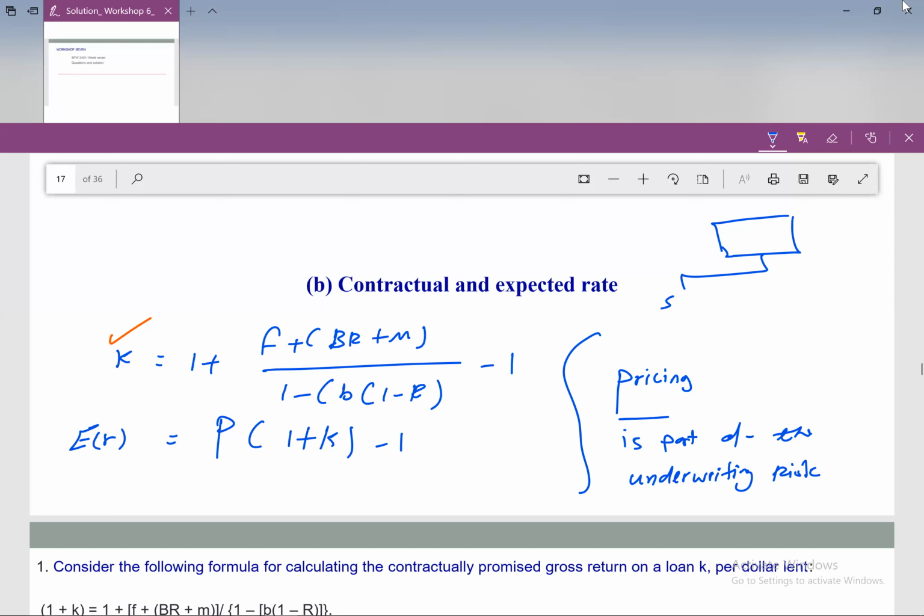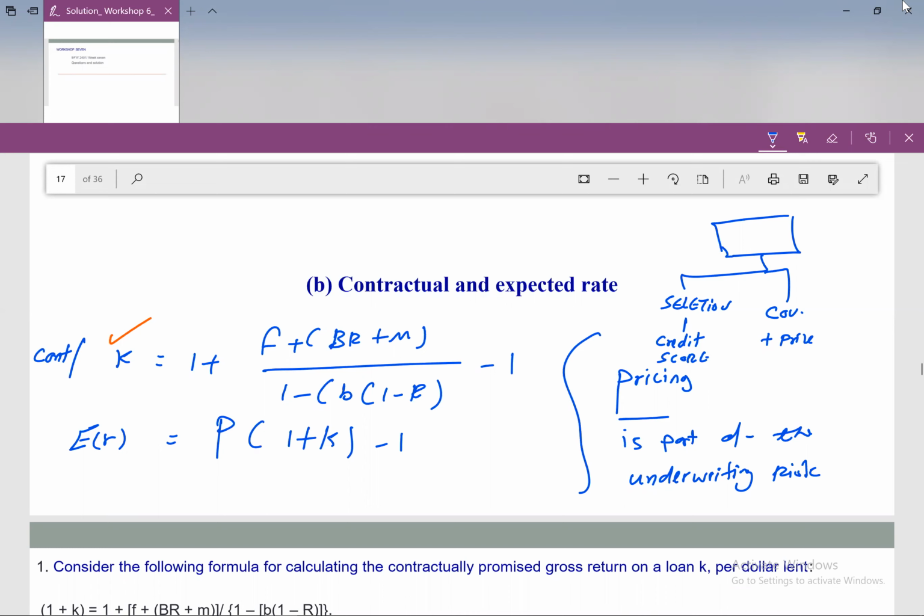We say selection, which is the modeling. Selection means credit scoring to say, oh, this one is eligible or not eligible for the loan. And then if it is eligible, we go and say, okay, let's sign the contract. And we start with the terms and conditions, which is a covenant, plus how much we will charge him, the pricing. The pricing is through the contractual.